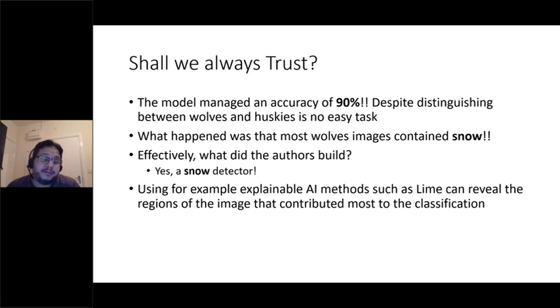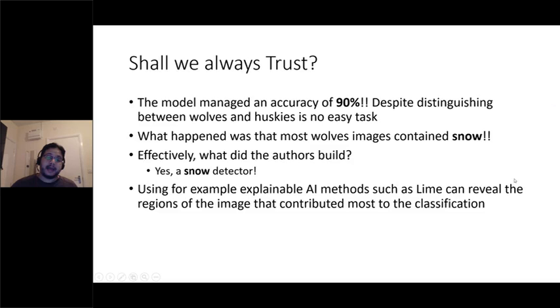But they ended up building a snow detector, because every image that contained a wolf almost had snow, and the others didn't. That's all it did. It's like asking a baby to tell the difference between things, and it will automatically go to the simplest thing. And they managed a 90% accuracy with this, which is funny.